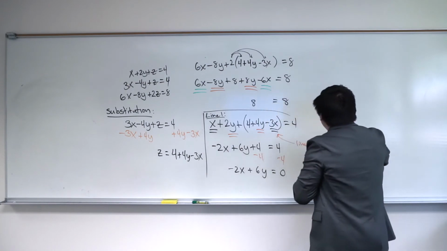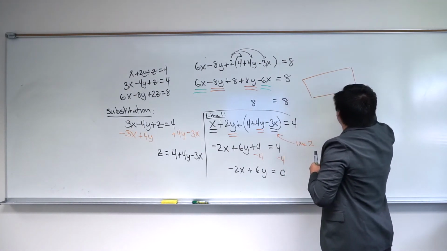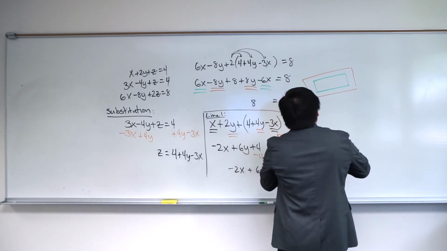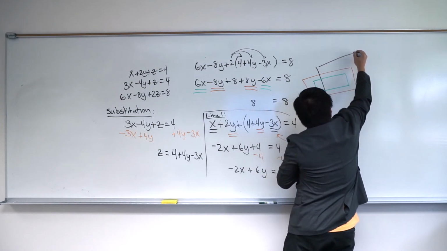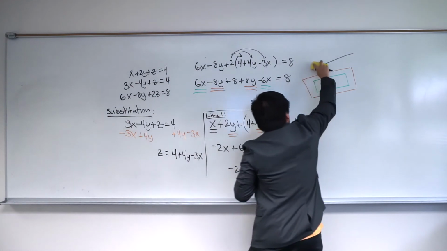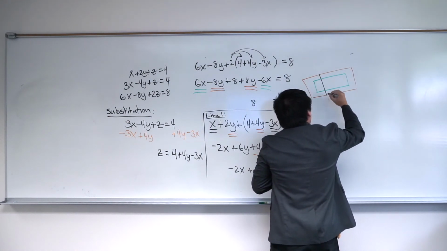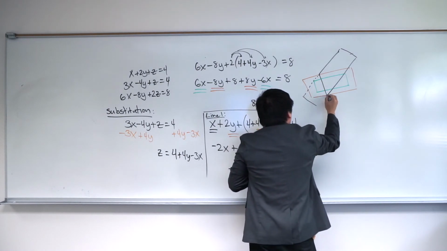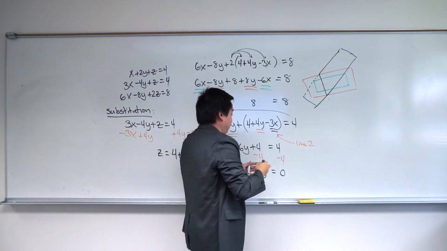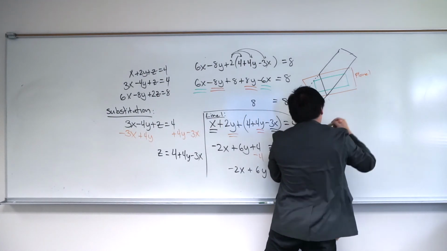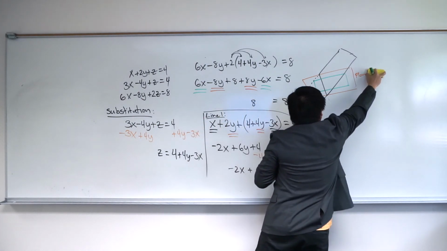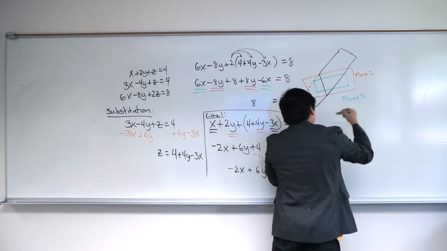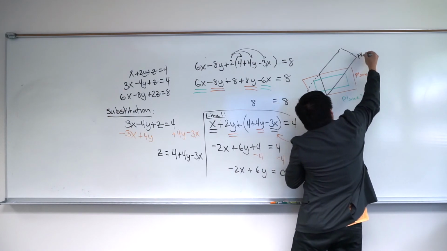And what that looks like visually is this, where we have the orange one being plane 1, or sorry, planes 2 and 3, and then this black one is going to be plane 1.